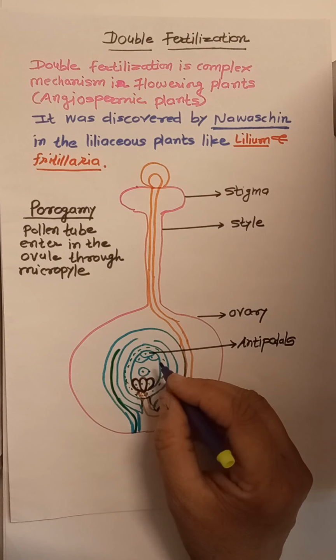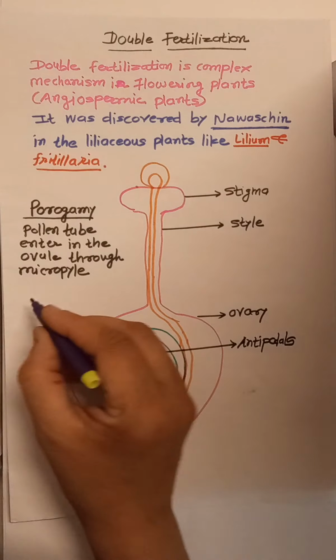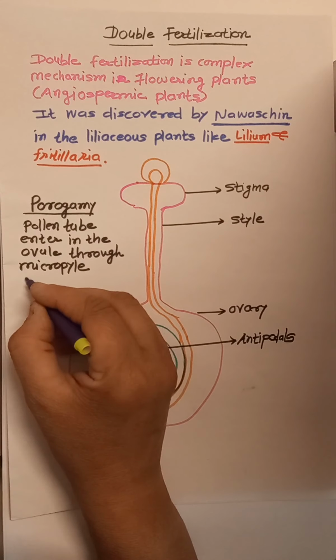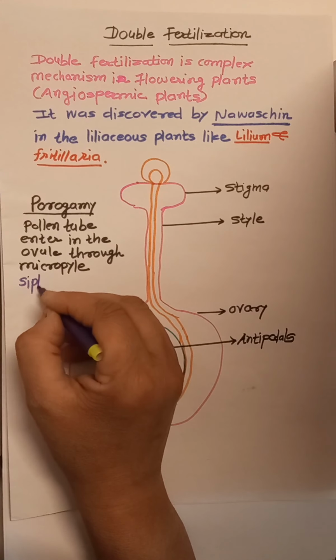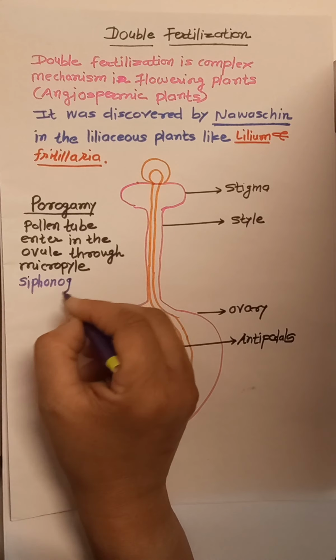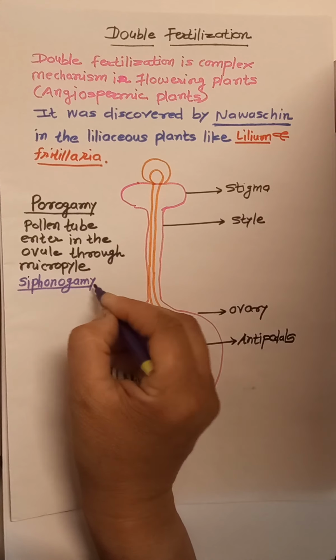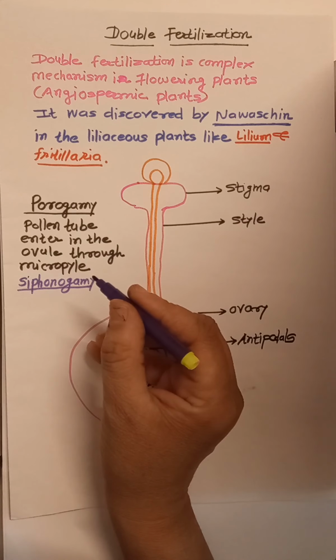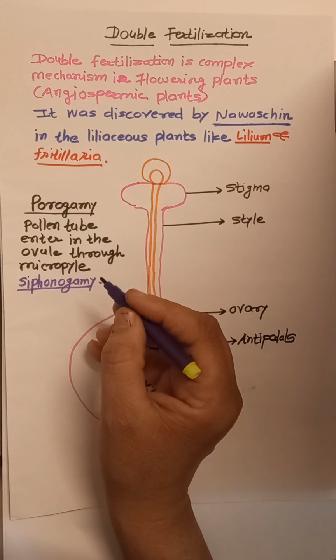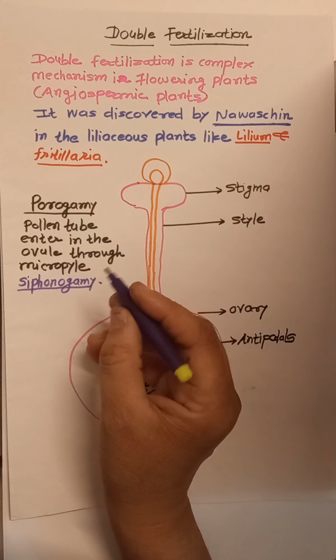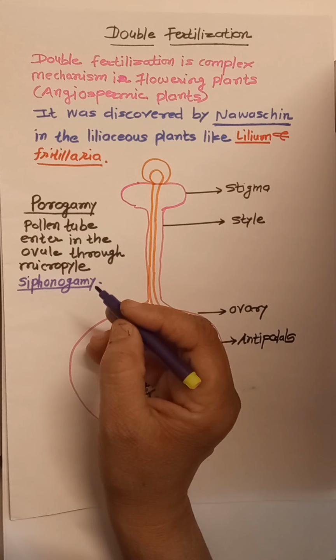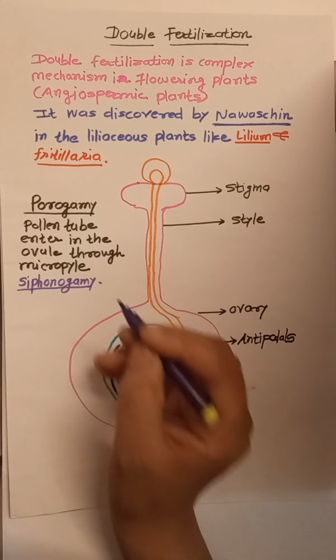So second terminology is siphonogamy. So first is porogamy, second is siphonogamy. Siphonogamy means non-motile male gametes are carried through hollow pollen tube.